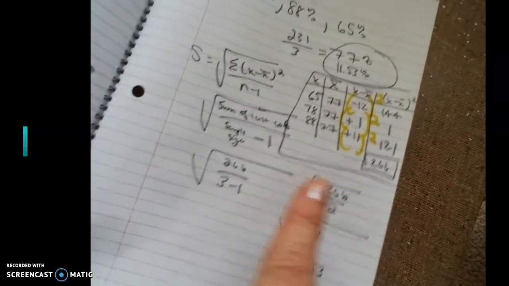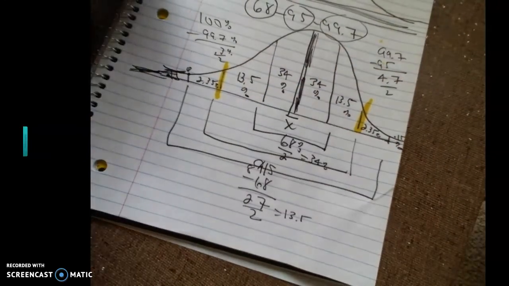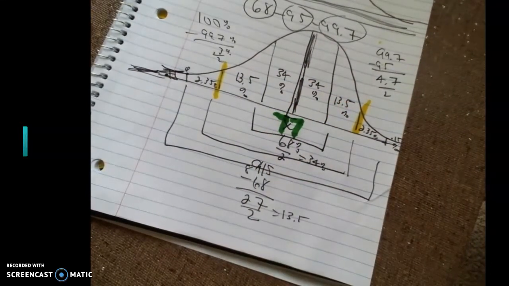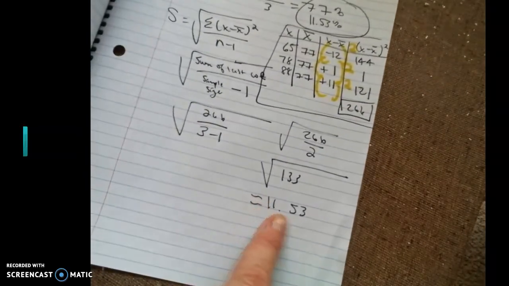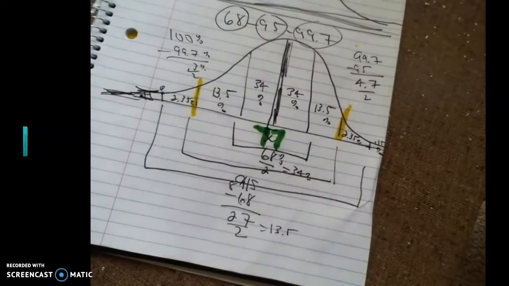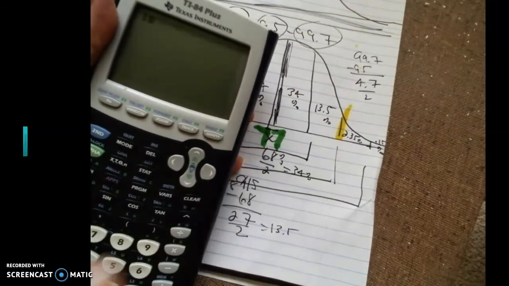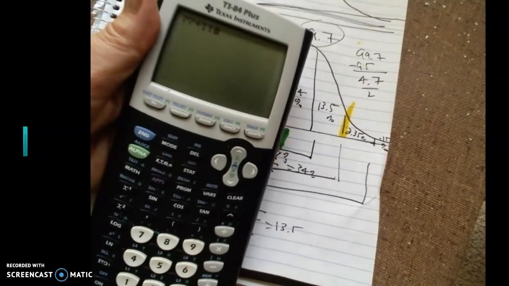What did we have over here? We had an average of 77. So 77 is your mean. That is the score there. Our standard deviation was 11 point something. I'm going to round this to 11.5 to make life easier. So we go to 77, that's our mean, and we add 11.5.